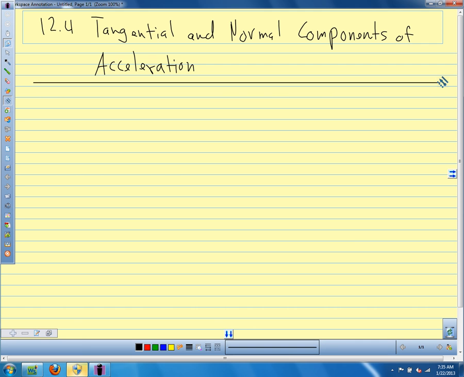All right. So what we're doing here is we're going to extend kind of what we talked about with projectile motion. So we're thinking of r of t, our vector valued function, as describing a position vector, and our parameter is time. So we're thinking of our vector valued function as describing the motion of something.